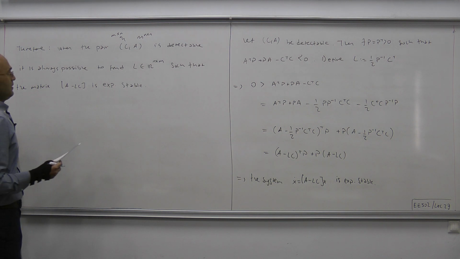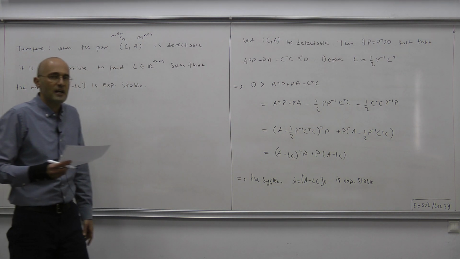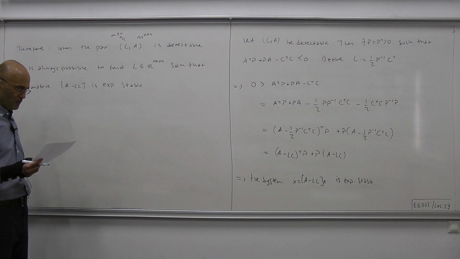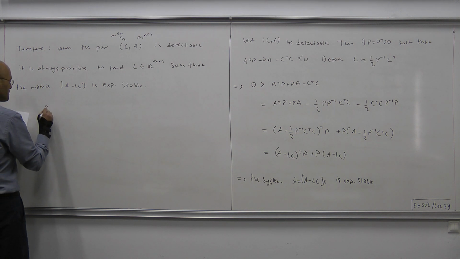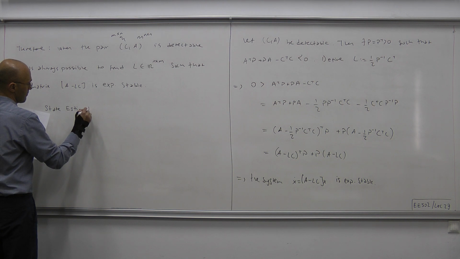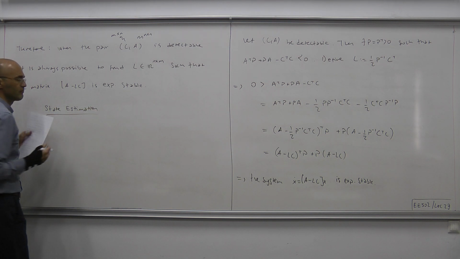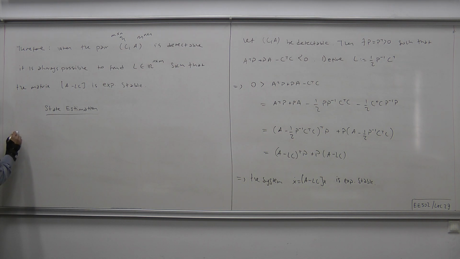Okay. Now the question is, what's the use of this theorem, at least from the practical point of view? And here is the answer. Okay. State estimation. Now, state estimation has to do with the following scenario.